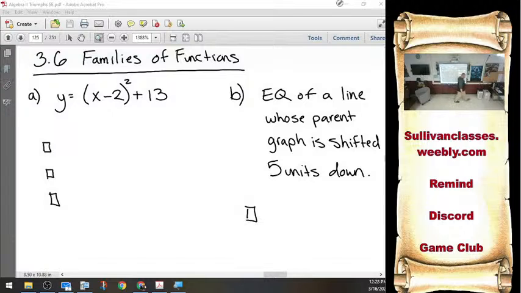There we go. Now you got to know your vocabulary too. Go, go. Okay, you tell me those four things. Tell me the parent function and its transformations. Suppose I can write that.